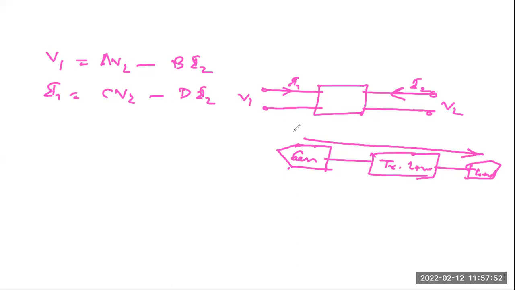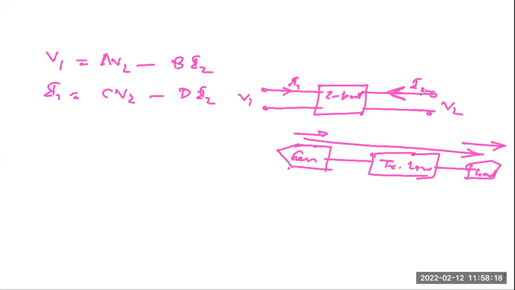So for the generator, if you consider that as the input port, the current direction is this way. But on the load side, the current is in the outward direction. But as per the convention of the two-port network, this current is directed inside, that is, towards this black box. This is your two-port network, the black box.